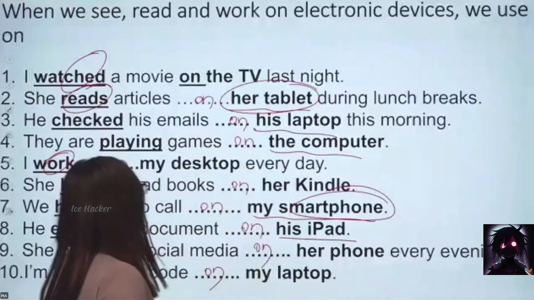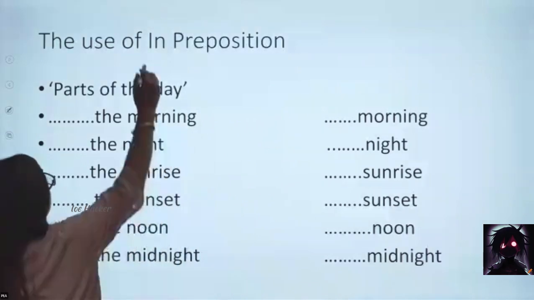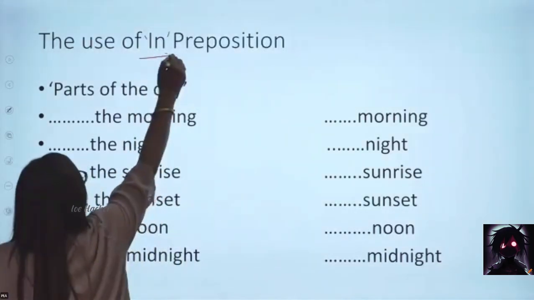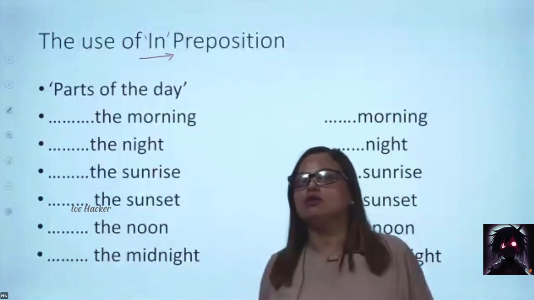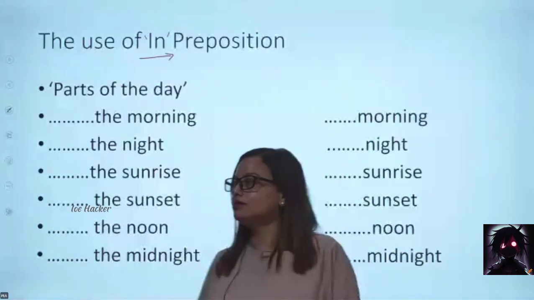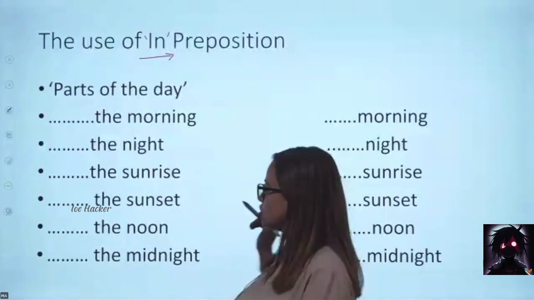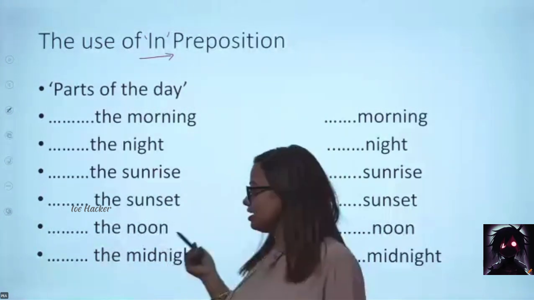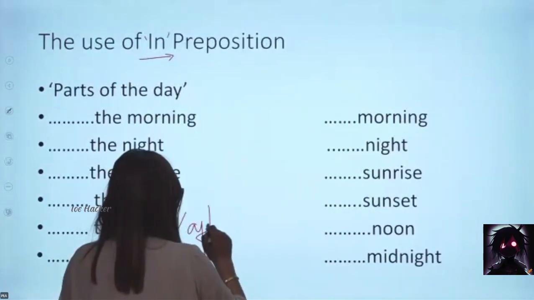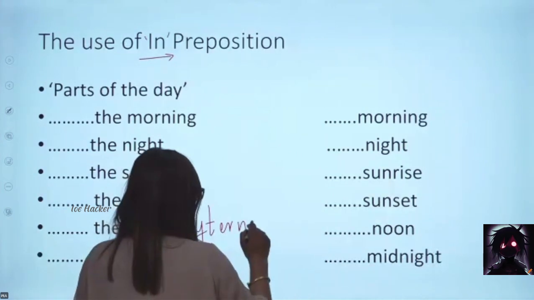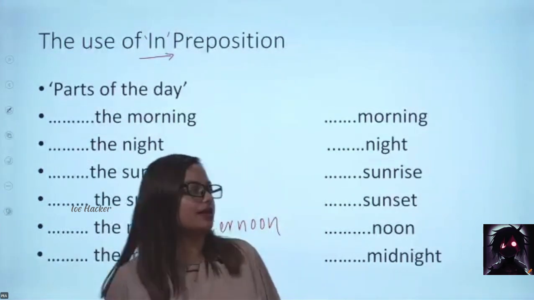Now let's go for the next one. The use of the preposition in. Now let's go for in. So parts of the day. If we break down our day, then there will be the morning, night, sunrise, sunset, noon, the midnight, right?